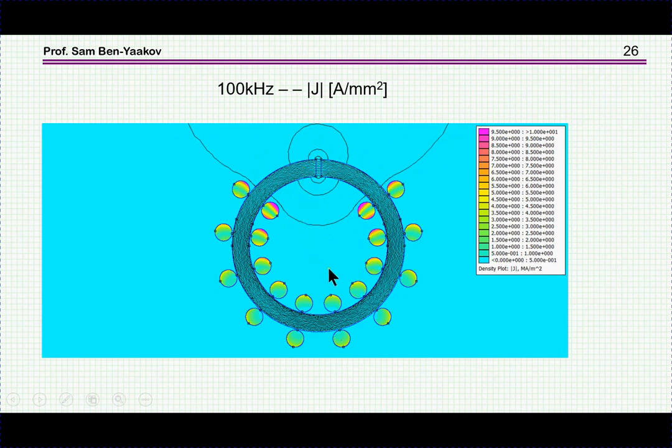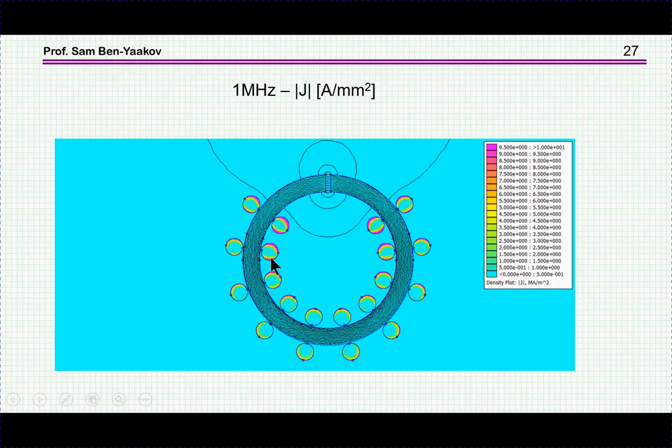At 100 kilohertz, we start to see more of an effect of one wire on the other. Okay, we see it here, and of course, if I move to 1 megahertz, then the intensity of this effect becomes much larger.